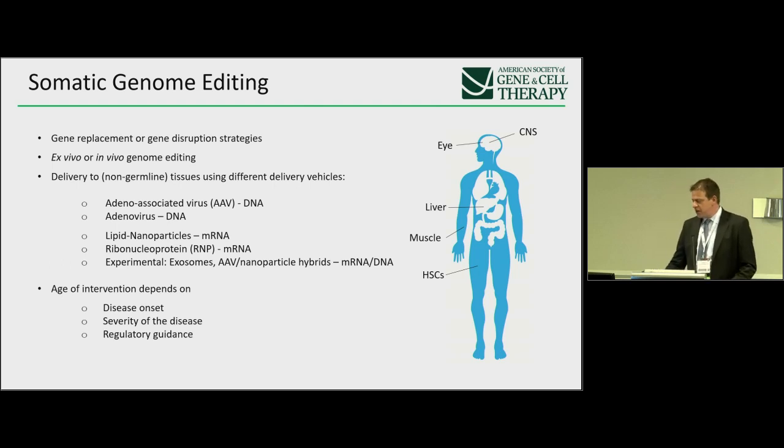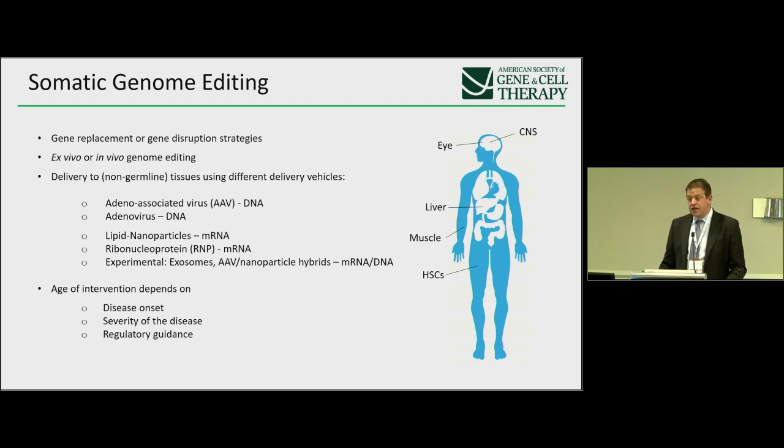Somatic genome editing can be done with either gene replacement or gene disruption strategies. And you can do this either ex vivo or in vivo. On the right, you can see all the different tissues that have to date been targeted either in preclinical or even in clinical studies, like the CNS, the eye, the liver, the muscle, but also hematopoietic stem cells. The delivery to non-germline tissues usually gets mediated by viruses, mostly AAV, where different serotypes confer different delivery specificities.